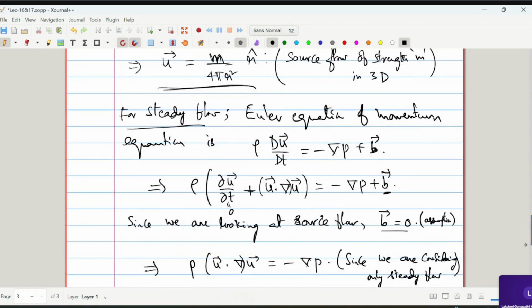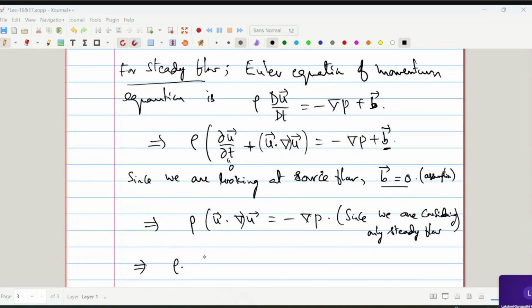M by 4 pi r square. What else? ∂/∂r of f of r, right? M by 4 pi r square.